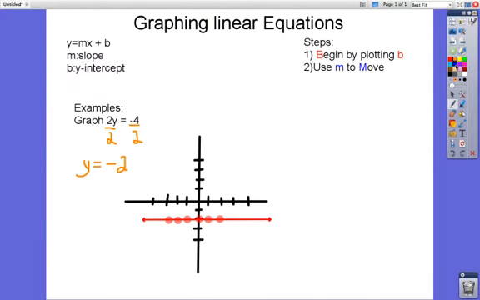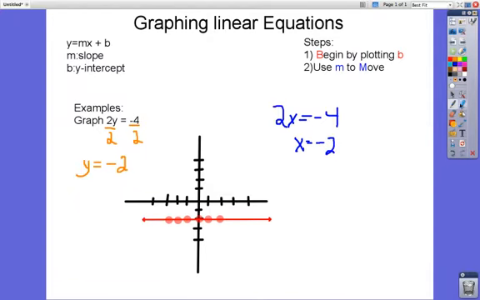Now, if this was 2x equals negative 4, we would have gotten x equals negative 2.